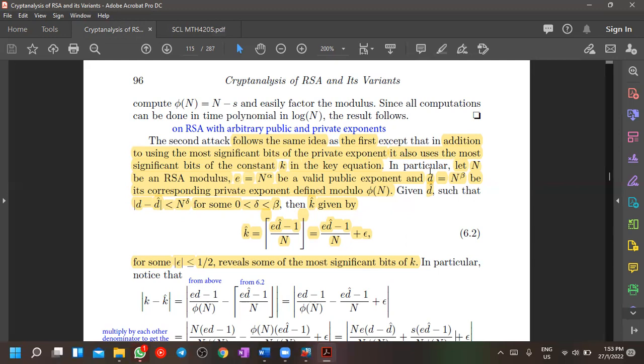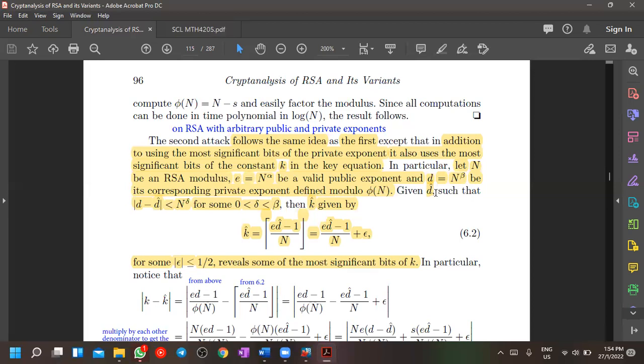So in particular, we let n be an RSA modulus, e equals n to the power of alpha be a valid public exponent, and d equals n to the power of beta be its corresponding private exponent defined under modulo phi n.